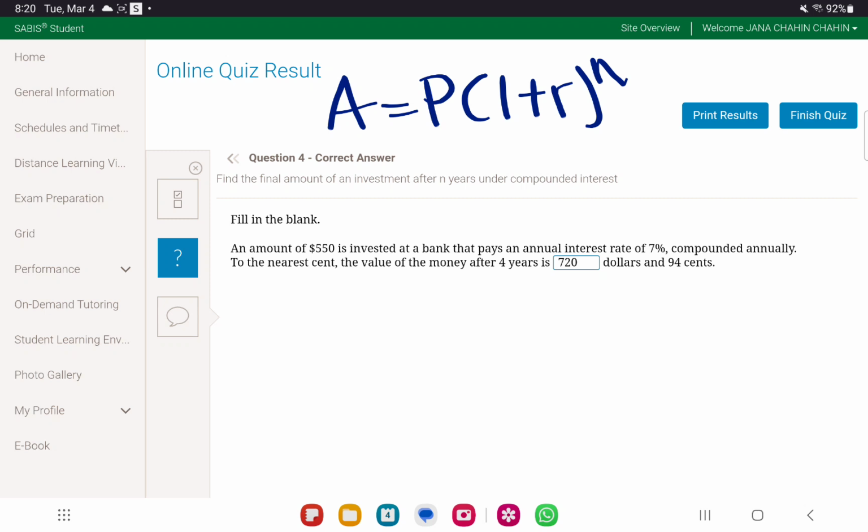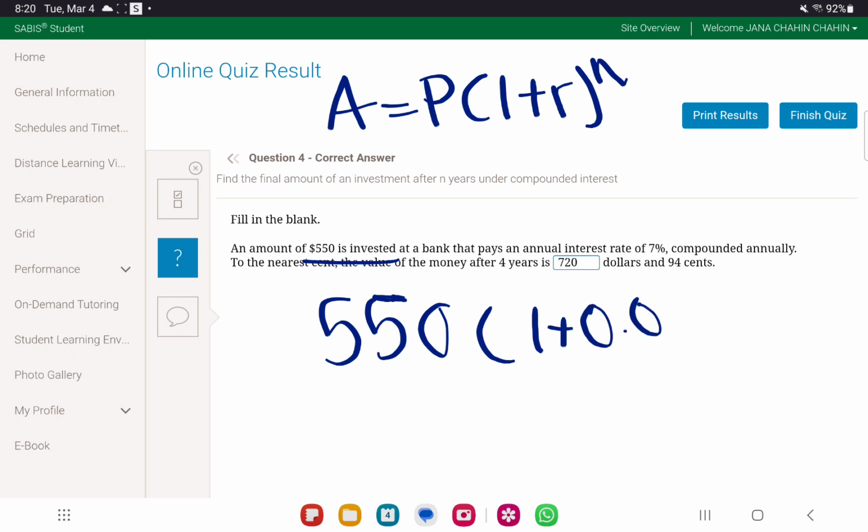The principal is the amount invested in the bank, 550, and then 1 plus 0.07. This is compounded annually, and this is over 4 years, so you don't have to do any extra steps. Then to the power of 4.